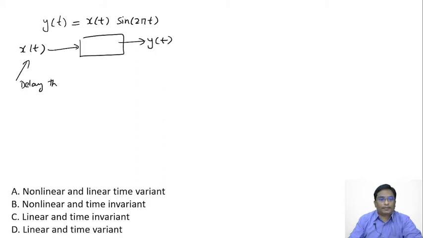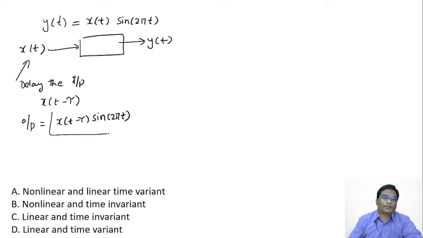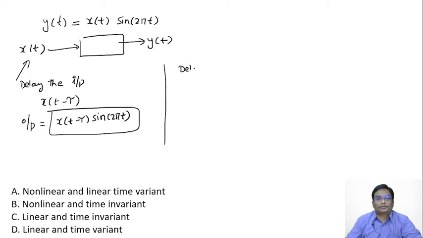If I delay the input, you get x of t minus tau. Then the corresponding output is x of t minus tau into sine of 2 pi t. For the delayed input, you got the response like this. Now let us delay the output, y of t minus tau, by tau units.